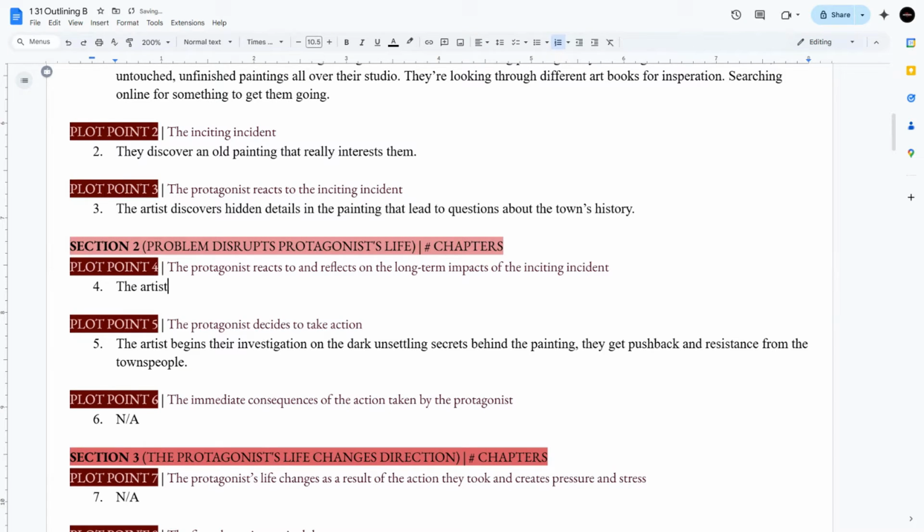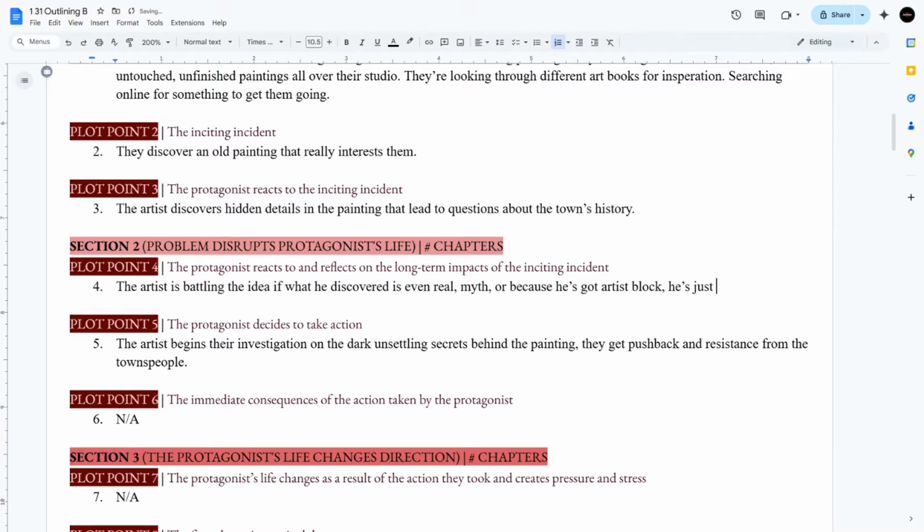The artist is battling the idea of whether what he discovered is even real, a myth, something people may or may not believe, because he's got artist block.